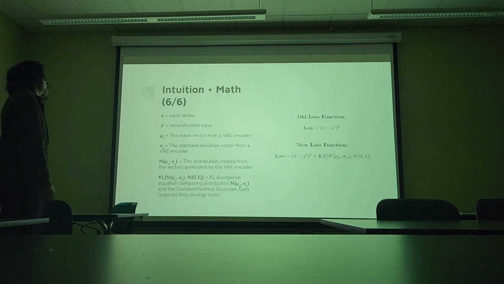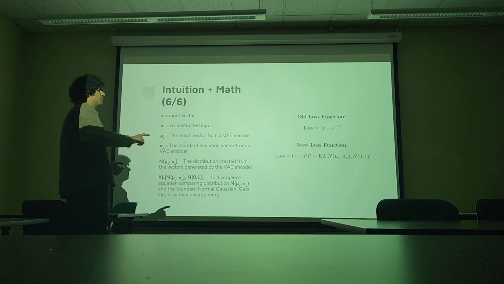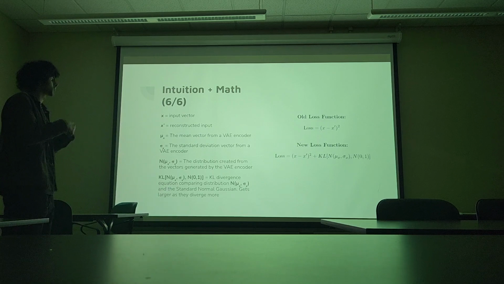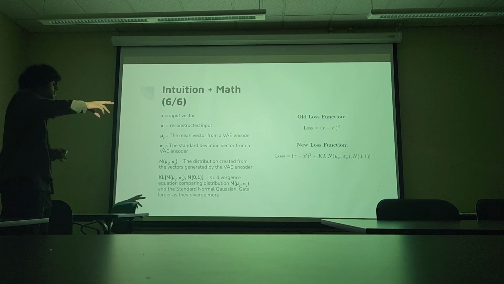So the old loss function was simply the input minus the reconstruction, squared. But now we're doing the same thing, but we're adding in that KL divergence, and we're comparing the embedding vectors of mean and standard deviation to the standard normal Gaussian.